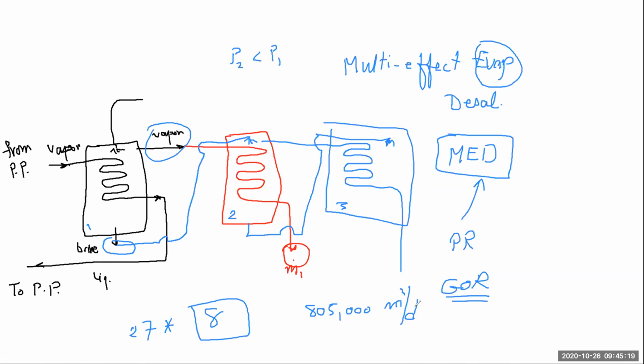It is very much efficient if you compare it with the classic MSF unit, which exists in many places in the Kingdom. So we're going to talk about the basic ideas of the MED: number 1, the MED, number 2, the MED with thermal vapor compression, number 3, the MED with mechanical vapor compression.